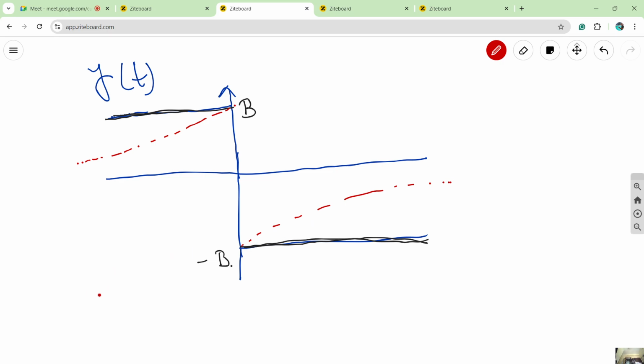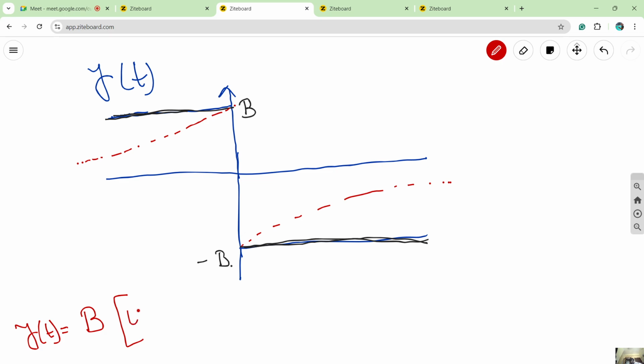Now if we just calculate it, we can write yt in terms of the unit step function.